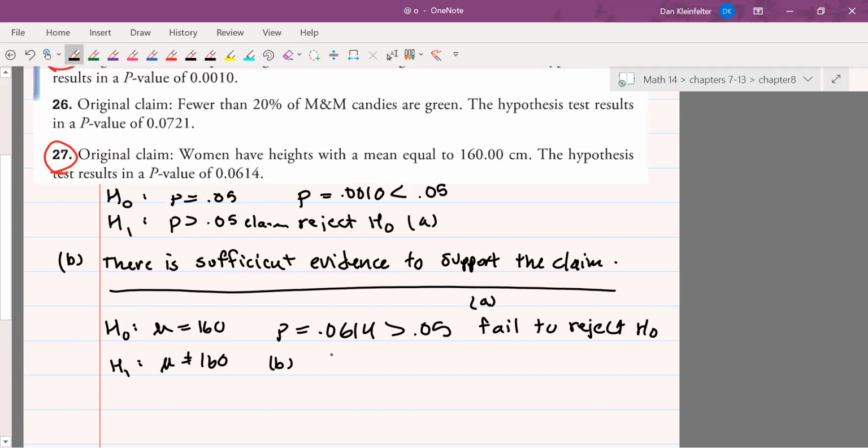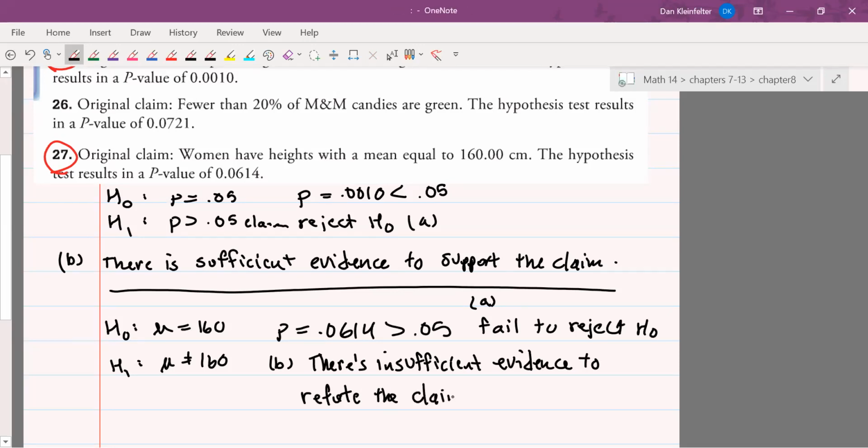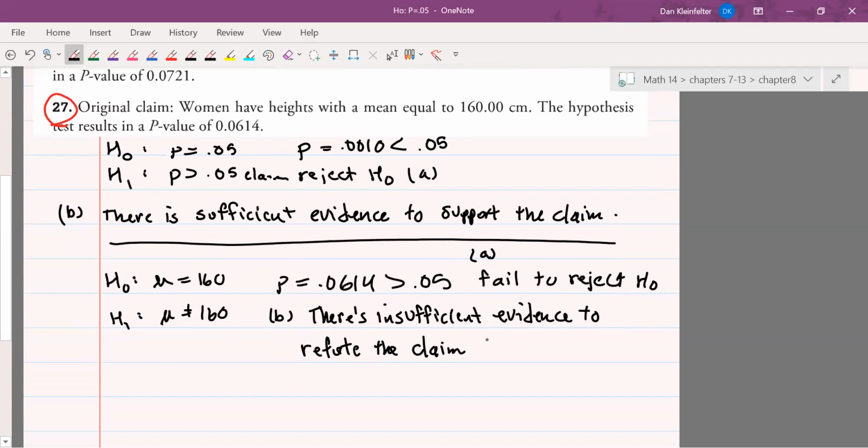So if there's insufficient evidence, we could say that there's insufficient evidence to refute the claim that the mean height is equal to 160 centimeters.